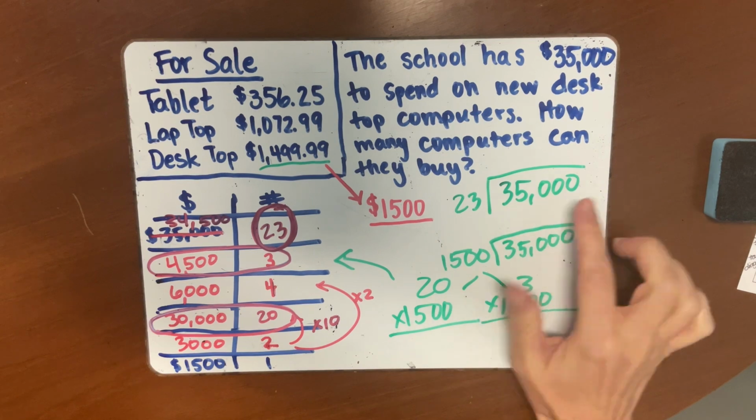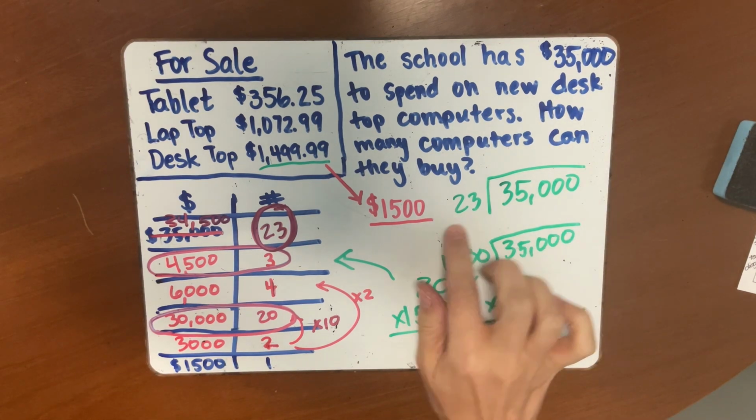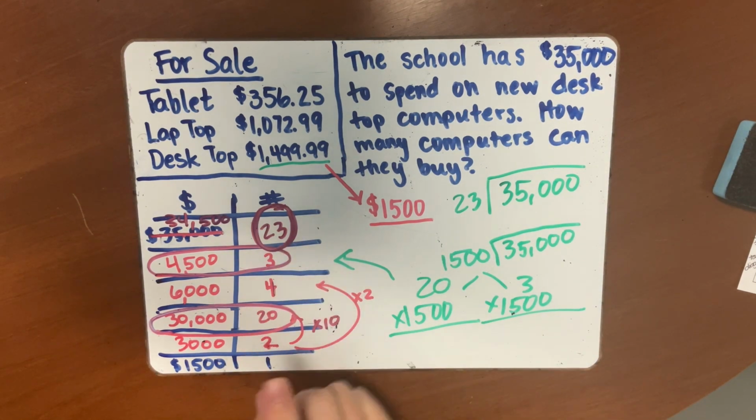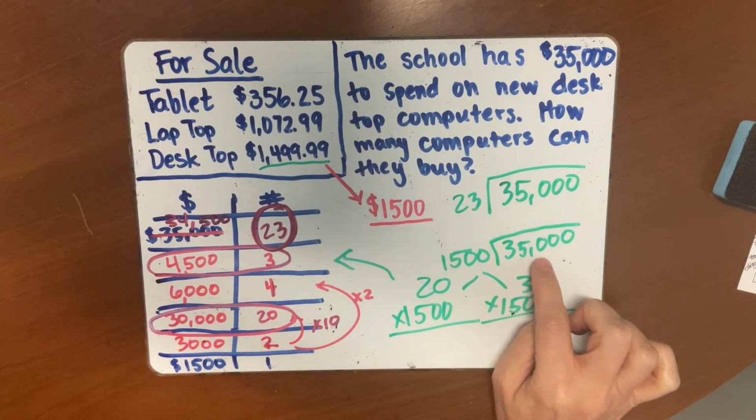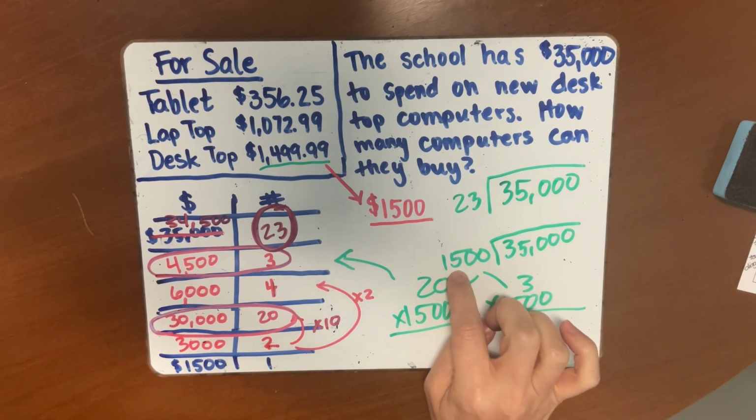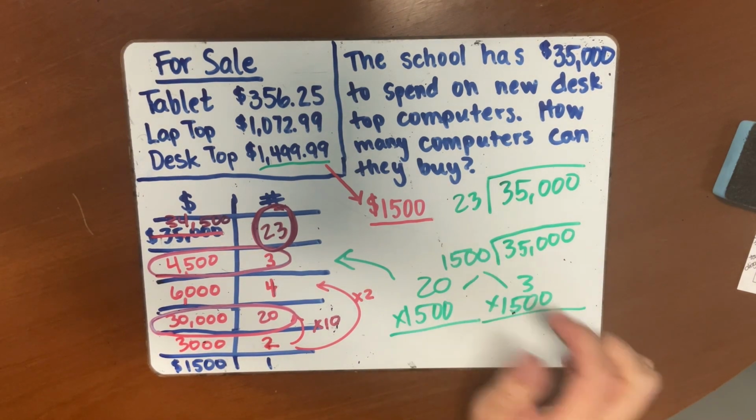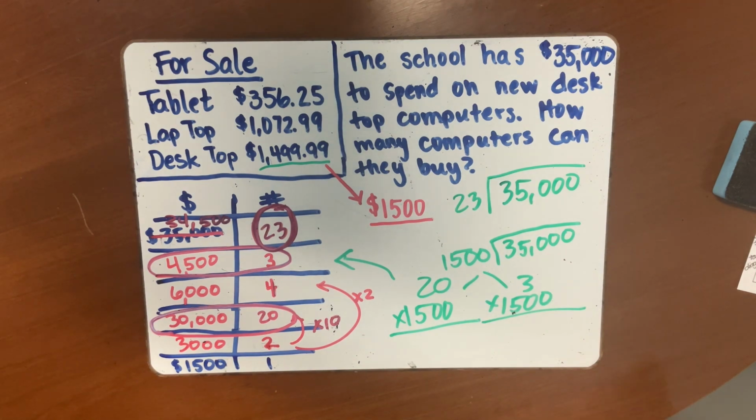I could take that 35,000 and divide it by 23 and see if I get the 1,500. Or I could take the 35,000 and divide it by the 1,500 and see if I get the 23. Which way did you check? Work together as a class to see if the number that you got was close to what we were aiming for, and are we accurate? Finish it with that discussion.